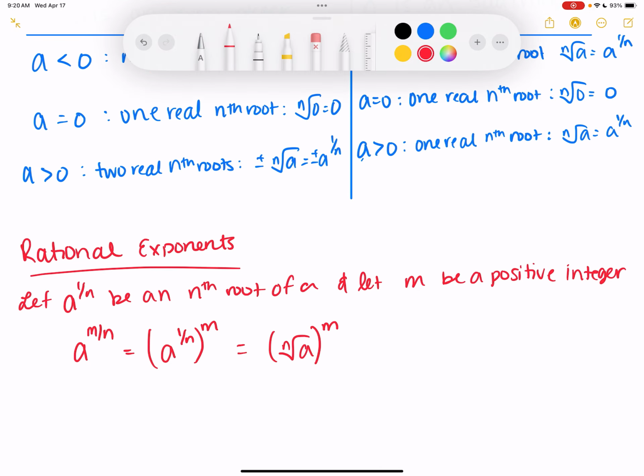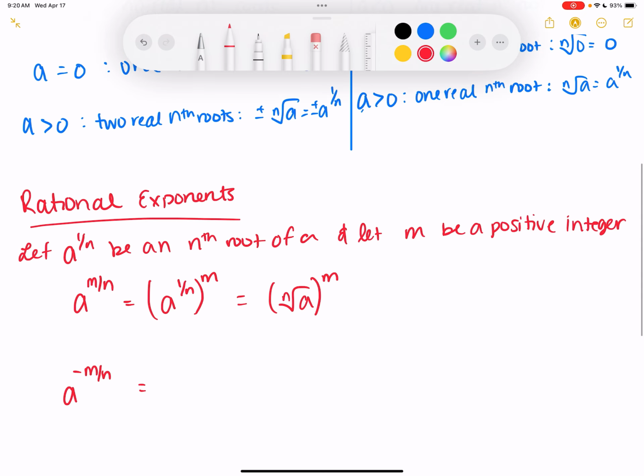If we had a to the negative m over n, the negative exponent still flips it to the bottom, make it positive.